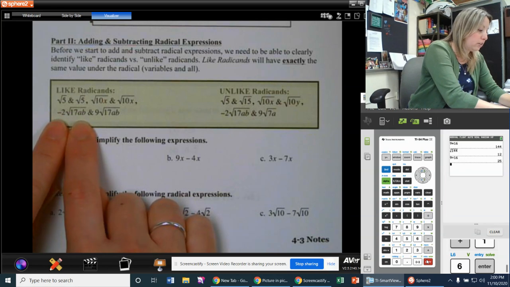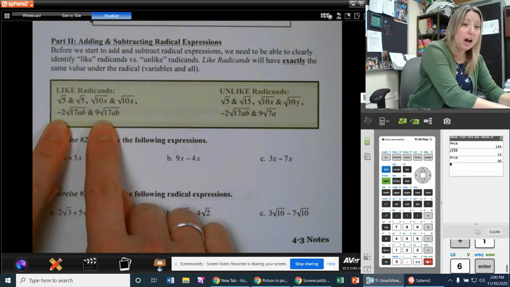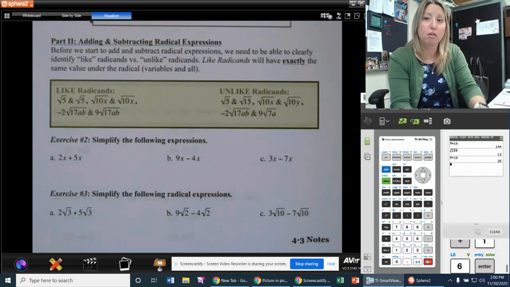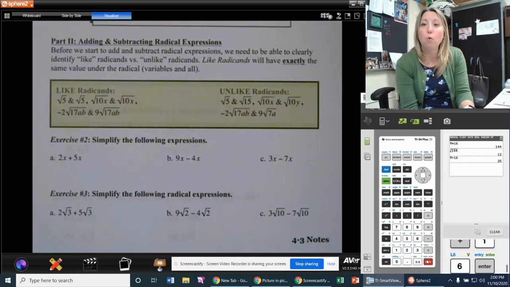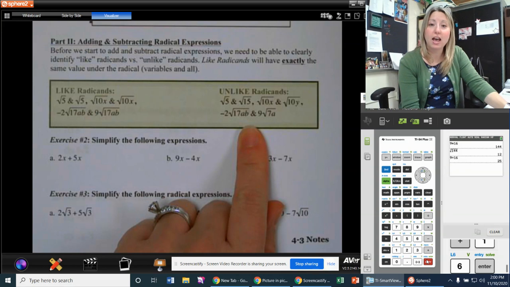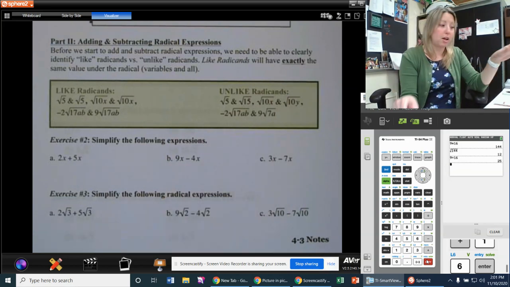Negative 2 radical 17ab and 9 radical 17ab are the same exact thing under the radical. Their coefficients are what I will add and subtract. These are unlike. If they are not exactly the same thing under the radical, you cannot add and subtract them, and that's it. That is the bottom line with these.